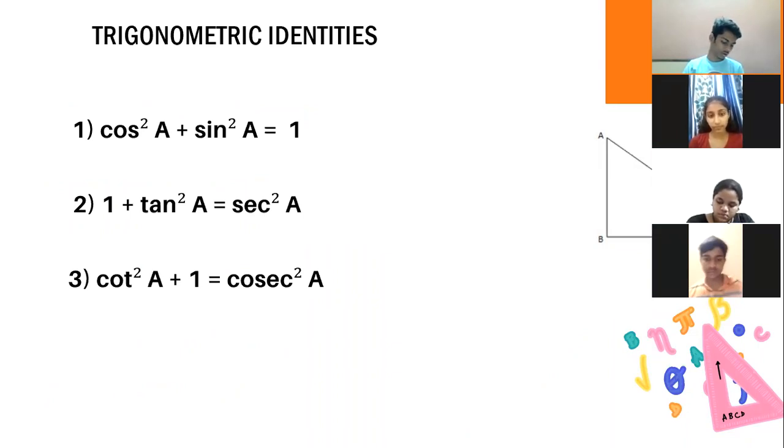Sin square A plus cos square A is equal to 1. 1 plus tan square A is equal to secant square A. 1 plus cot square A is equal to cosecant square A. You have to remember this. There are no shortcuts. You have to remember all three formulas. We will be using these to solve other questions. Make a note of all this.